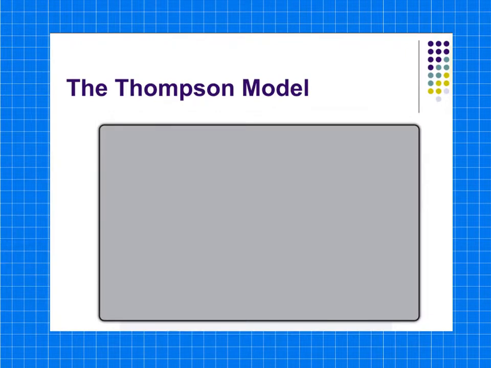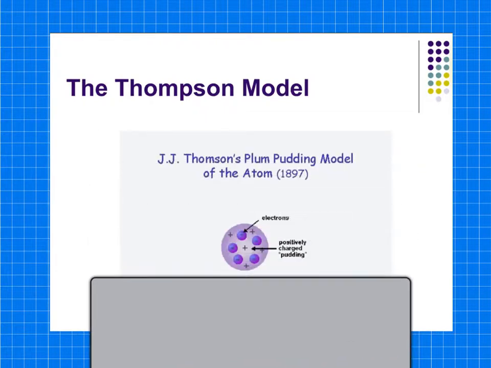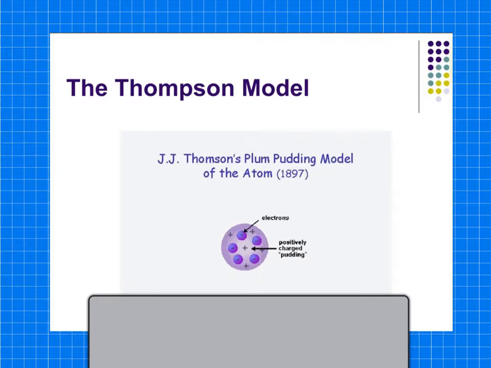Usually if I'm giving this lecture, I ask the class if anyone remembers what the J.J. Thomson model was nicknamed. You might have said that it was the plum pudding model. What that means is that J.J. Thomson believed that there were negative electrons.